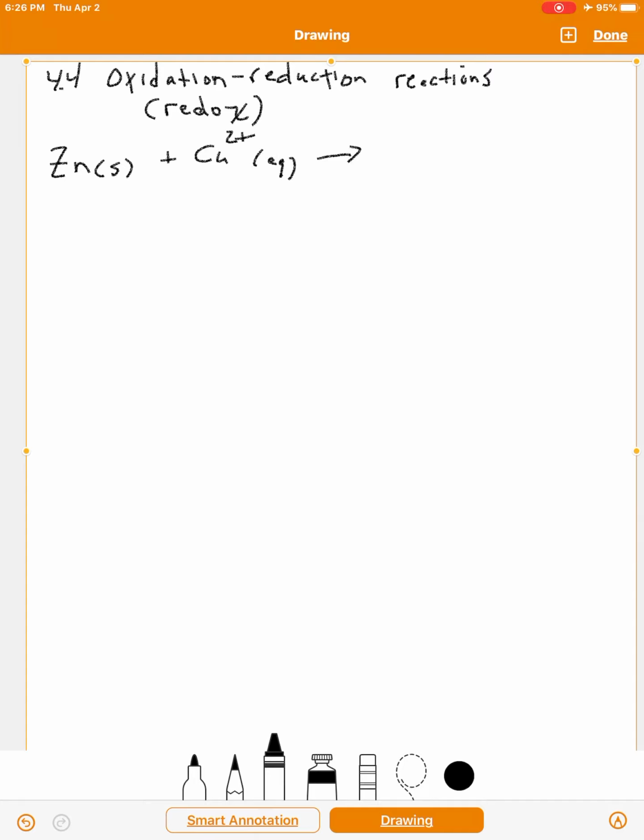And this reaction results in the oxidation of zinc and the reduction of copper. So what happened? The zinc went from zero charge, you can even put a 0 there if it's the symbol for the element, went from 0 to plus 2. That means it lost electrons. That means it gave the electrons away, so that's the reducing agent.